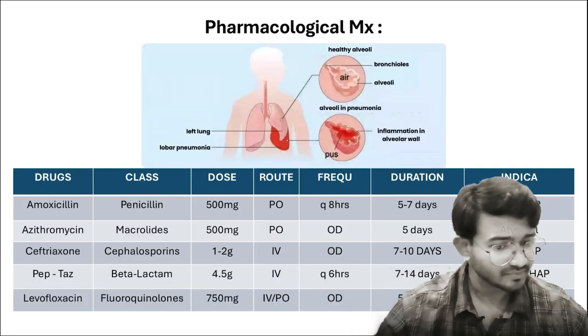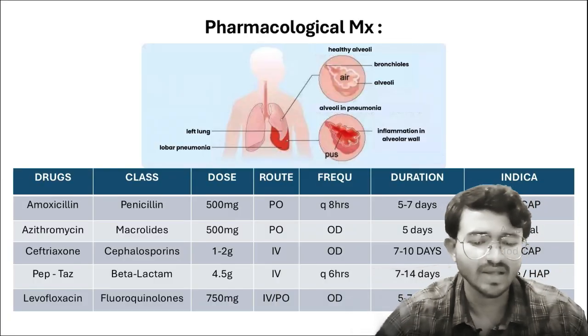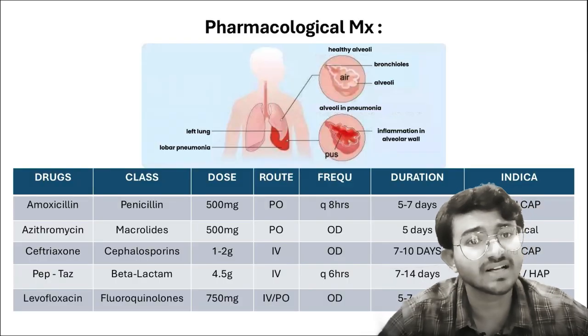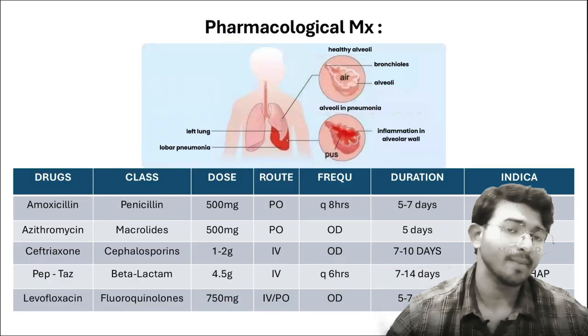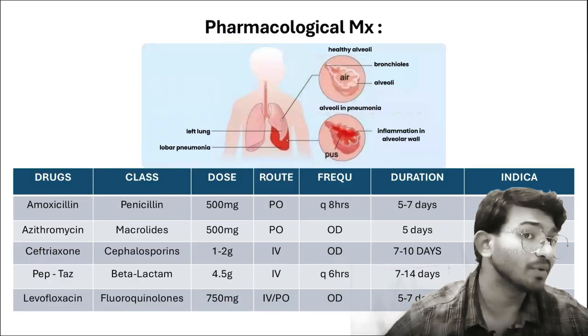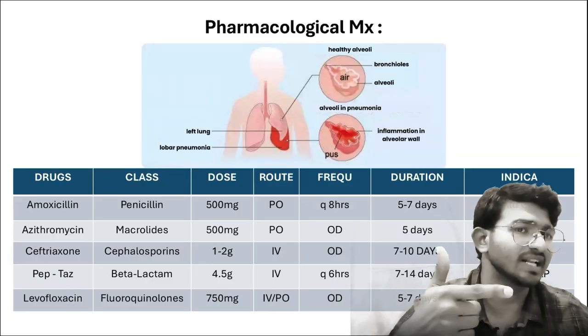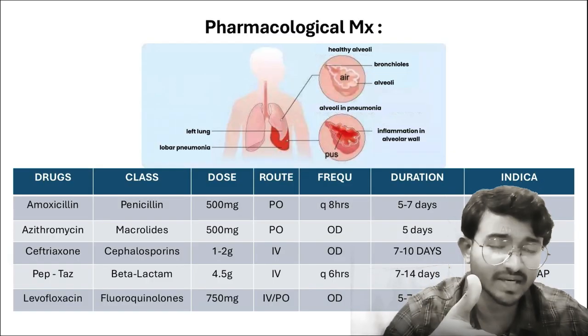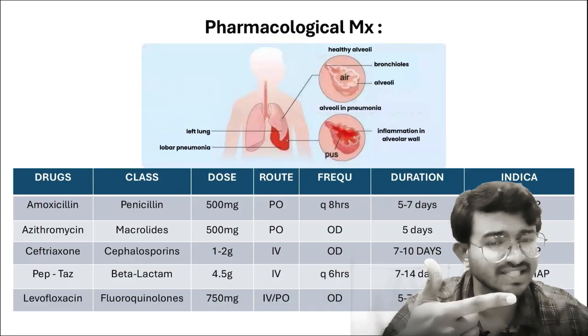In pharmacological management, you can see some antibiotics here. We treat based on the antibiotics, but before that we have to check vitals. If the patient is hospitalized, we have to admit the patient. We check vitals every 4 hours.